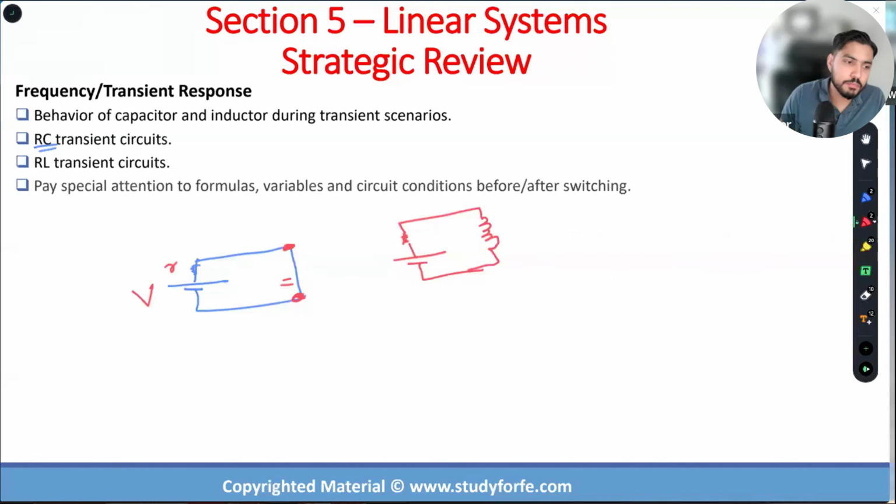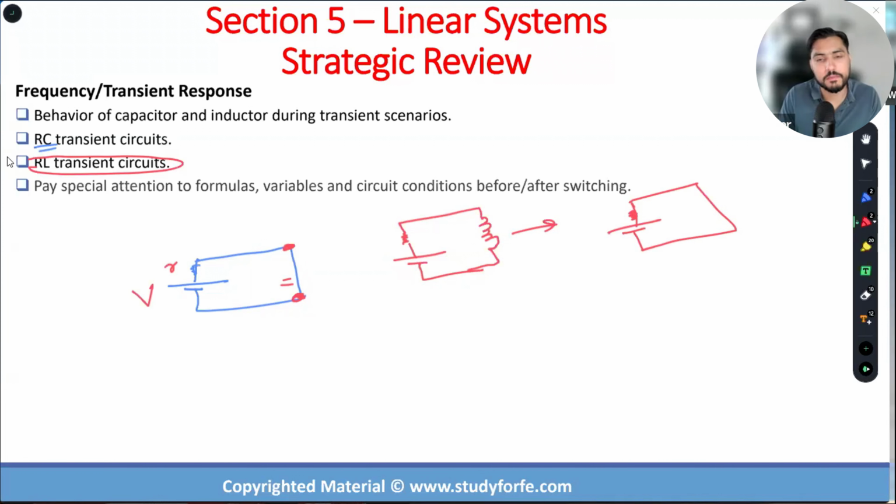So for all practical purposes under steady state conditions, this is simply equal to a voltage source that is shorted like this, correct? And it should act as a closed circuit, as a short. That's what inductors should do in steady state.